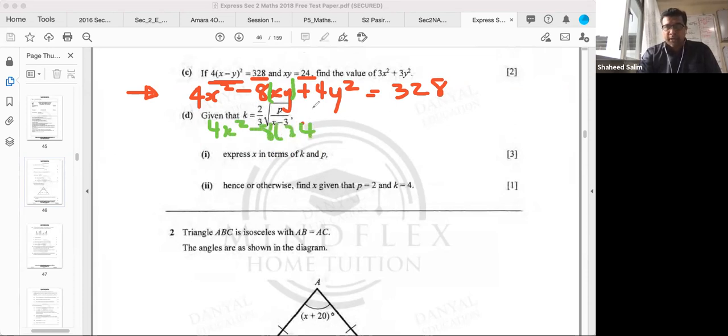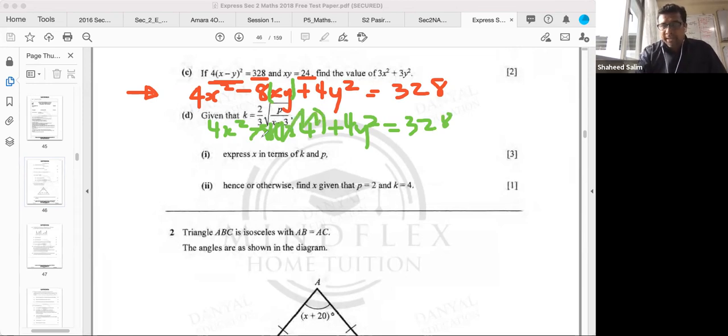Are you confused? No, right? So then plus 4y squared equals 328. Well, we can bring this over. 8 times 24, how much do you get? 192.